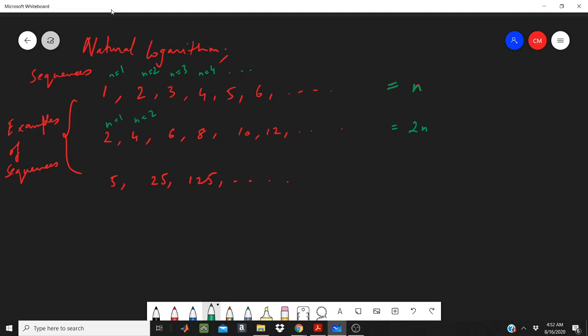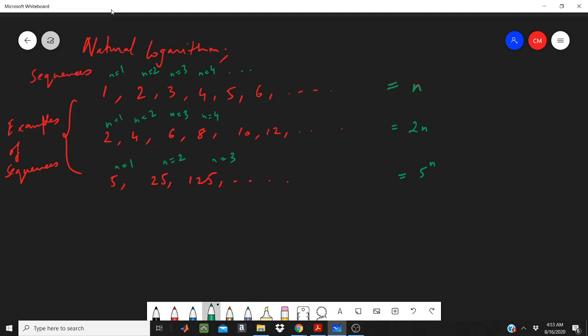If we place 1 in the place for n, we get the first position of this sequence. If we write n equals 2, you get the second position. N equals 3, you get the third element, n equals 4, the fourth element, and so on and so forth. This sequence can be written as 5 to the power of n. So when n equals 1, you get 5. When n equals 2, you get 5 squared, which is 25. And when n equals 3, you get 5 cubed, which is 125.